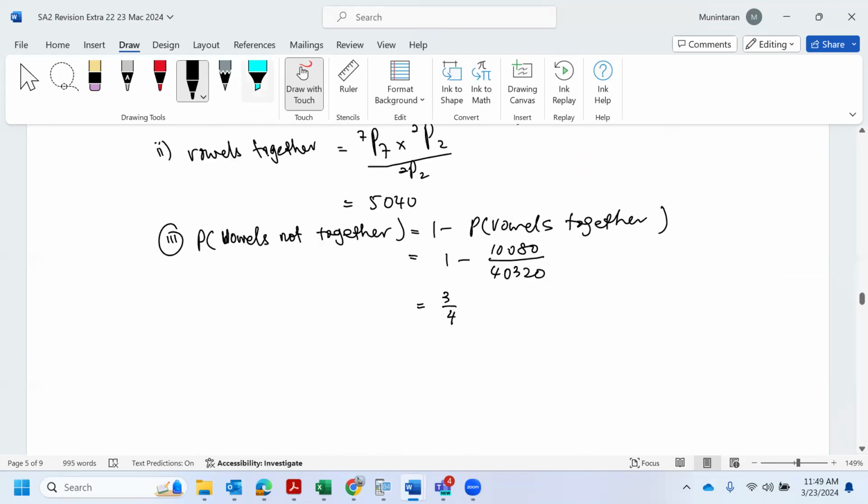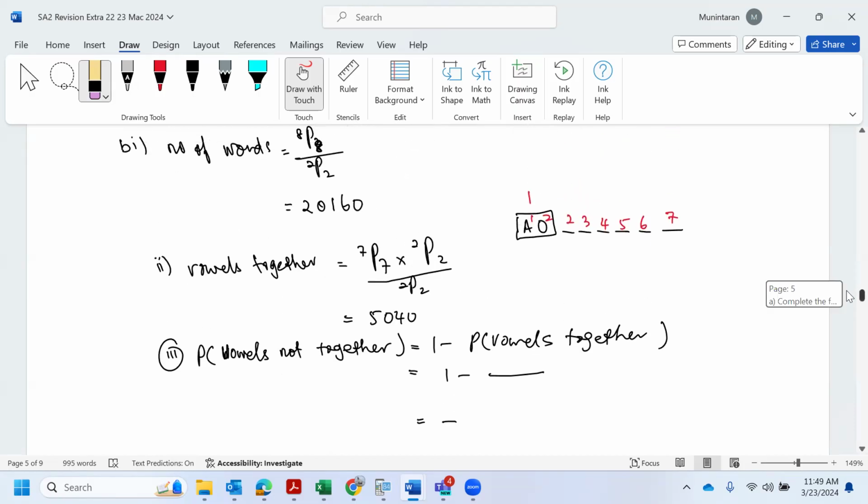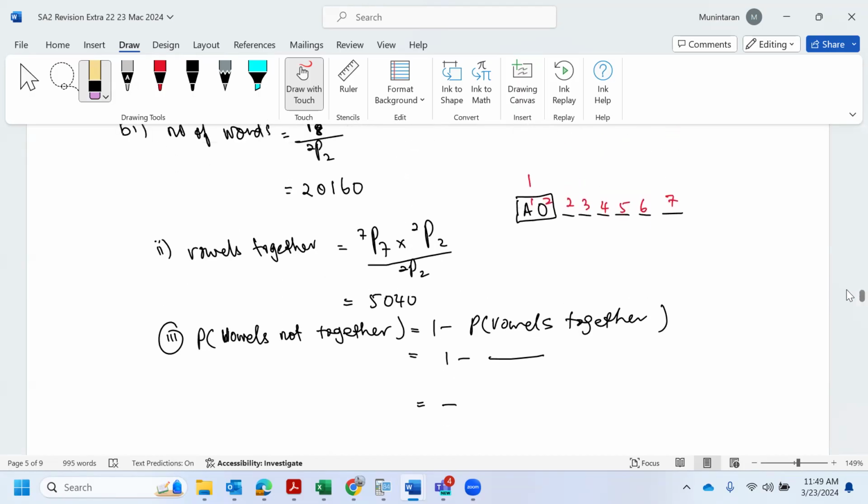So the probability has now changed. The probability is 5040 divided by 20160, and whatever the answer is.